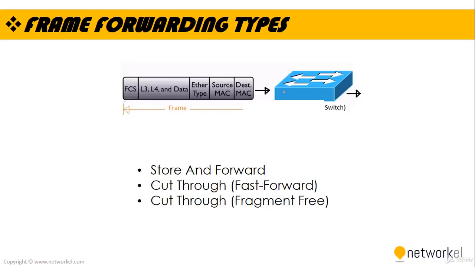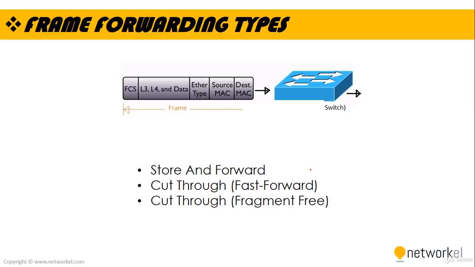And let's take a look at the frame forwarding types. We have three frame forwarding types when we are forwarding a frame in our switch. They are store and forward, cut through, and cut through fragment free. In store and forward method, the frame is forwarded after the whole frame is received and the CRC is checked.